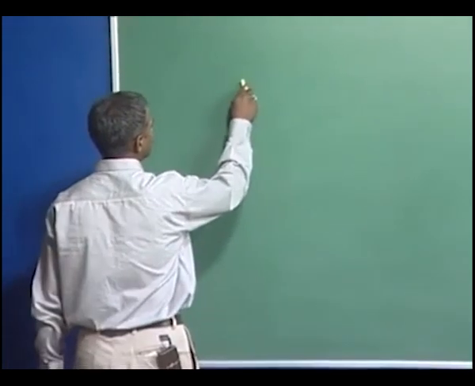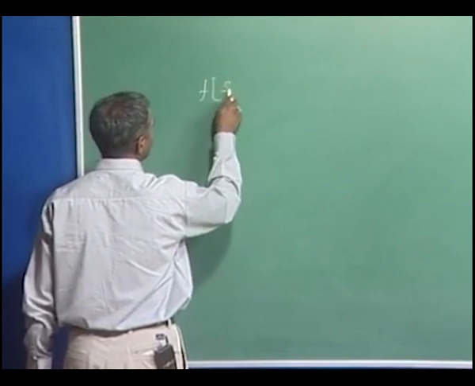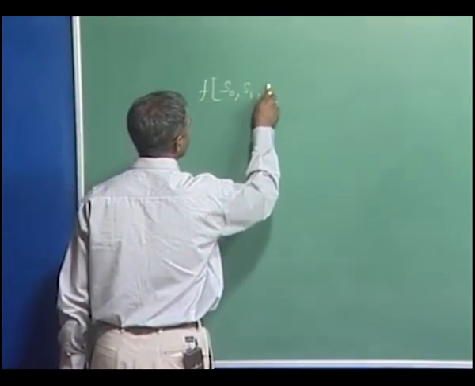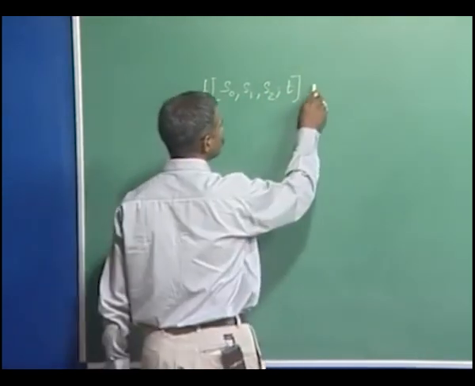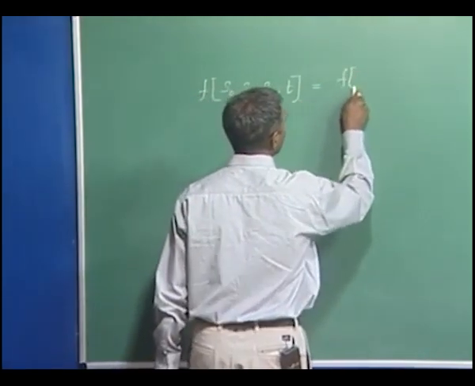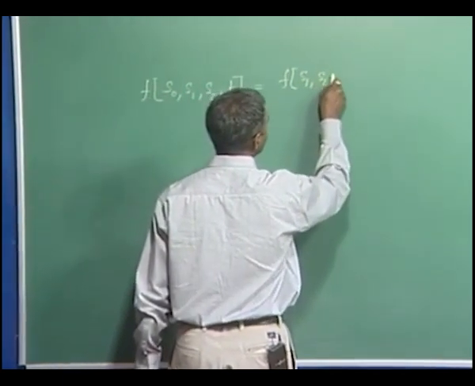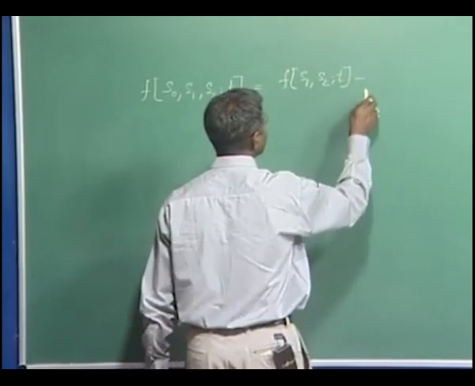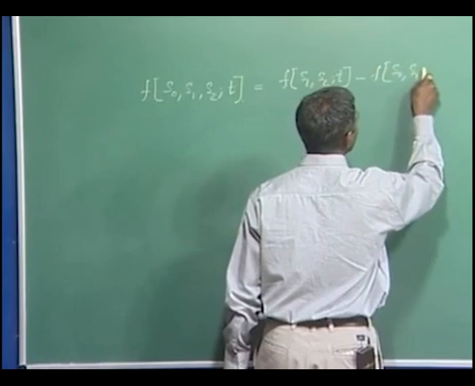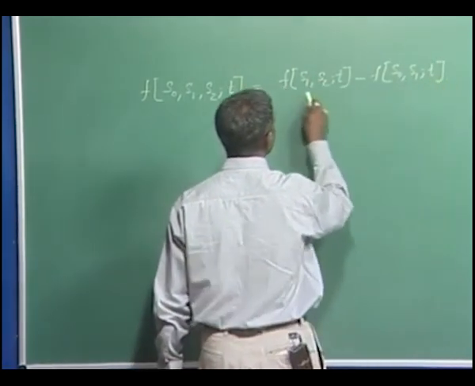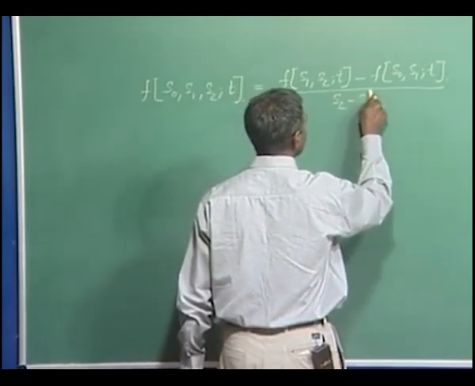The second divided difference will look like f[S0, S1, S2 : t], and this would be equal to f[S1, S2 : t] minus f[S0, S1 : t] over S2 minus S0.